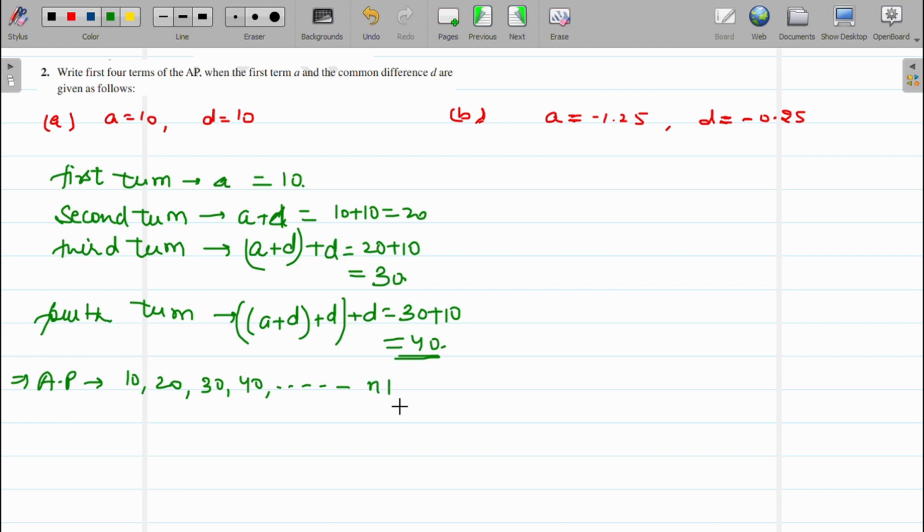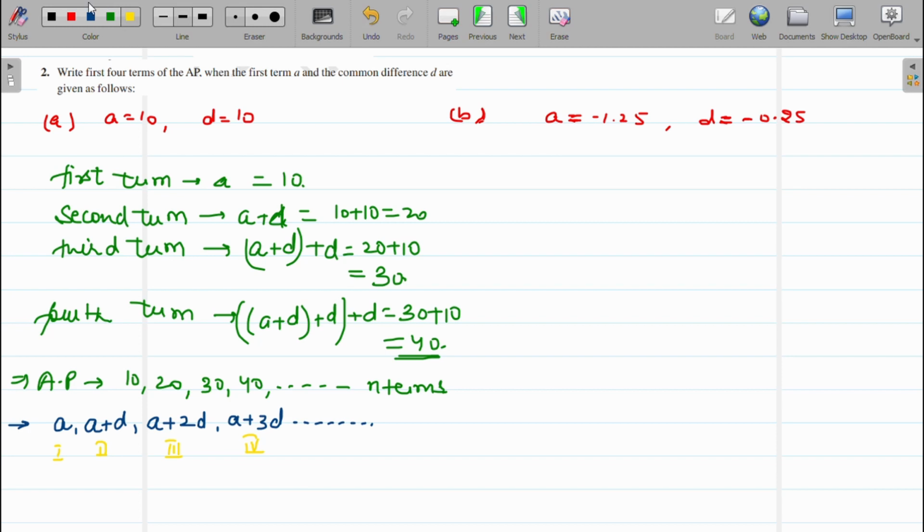Now we will ultimately generalize this, but I'd like to introduce one thing here. The sequences of this kind: the first term is A, the second term is A plus D, the third term is A plus 2D, the fourth term is A plus 3D, and so on. I'll repeat: your first term is A plus 0D, second term is A plus 1D, third term is A plus 2D, the fourth term is A plus 3D.